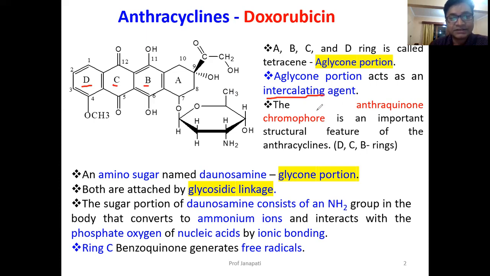Because of this, the BCD ring is known as the anthraquinone group. This portion is called the anthraquinone portion, which is the chromophore portion.